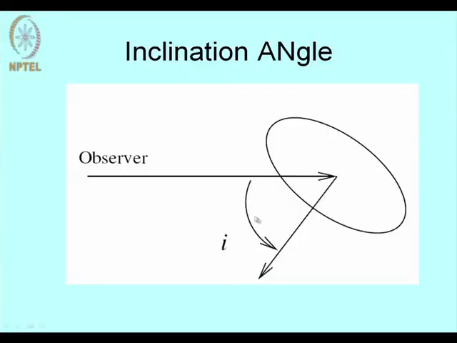The plane of the orbit is like this, the star is going around in this plane and you are seeing it edge on. That corresponds to 90 degrees. So, let me repeat, an inclination angle of 0, the orbit is being viewed face on. Inclination angle of 90, the orbit is being viewed edge on, and other angles lie in between these two extreme cases.